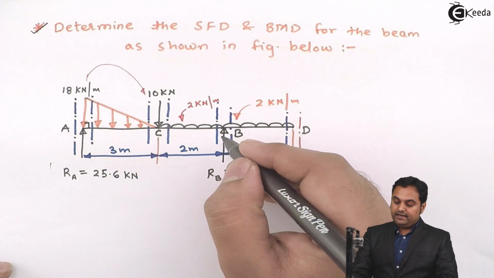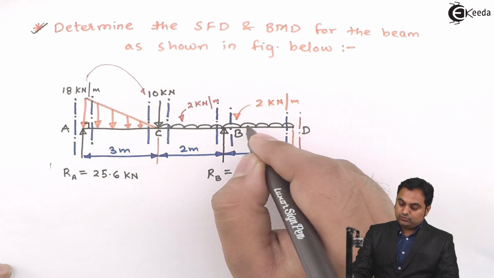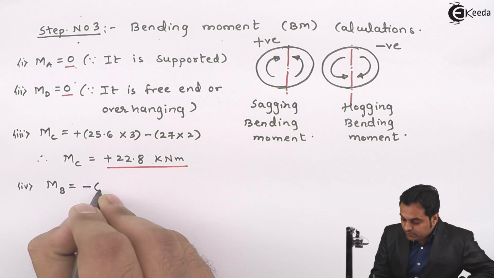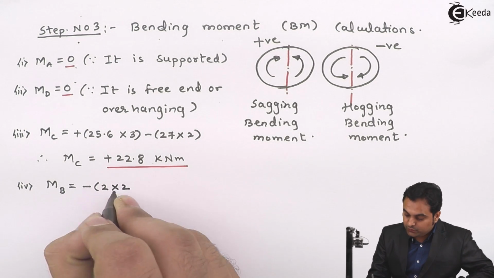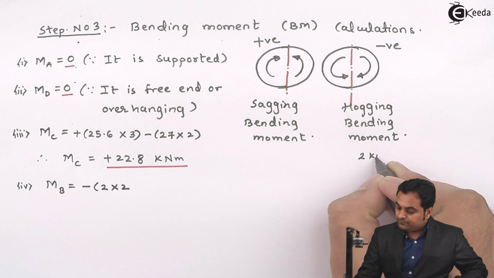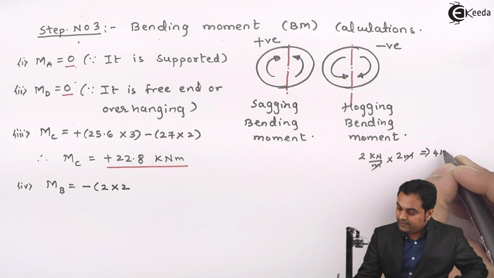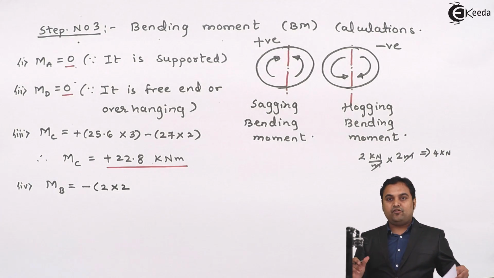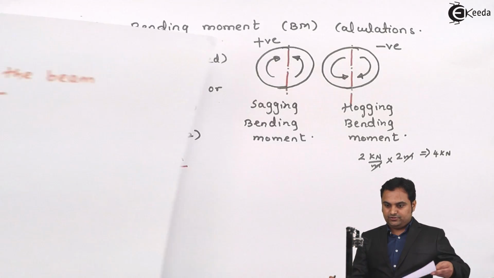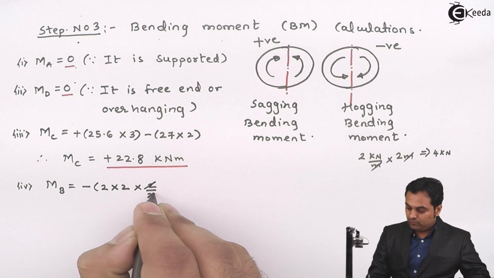So when I take the moment at point B, that moment will be in clockwise direction and it is to the right of B. So to the right clockwise moment is treated negative, so minus 2 into 2, which is the UDL into the distance, that is 2 kilonewton per meter multiplied by 2 meter, so that gives me 4 kilonewton, and this 4 kilonewton will be acting at half of 2, because for UDL it is acting exactly at half, produces anti-clockwise moment, so minus 2 into 2 into half of 2, which will be 1.